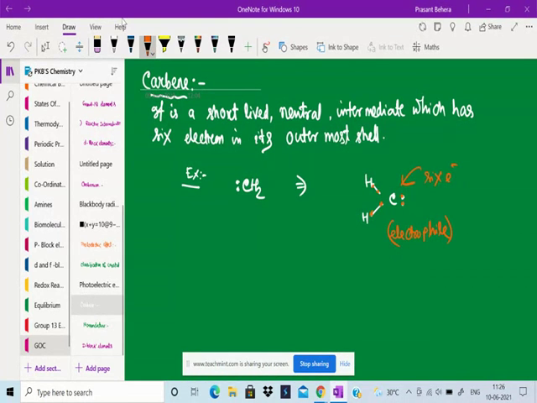Just like carbocation, carbene is an electrophile. It migrates to the electron donor. This is a carbene, CHR: C, here is the R, here is the H. This is known as alkyl carbene.